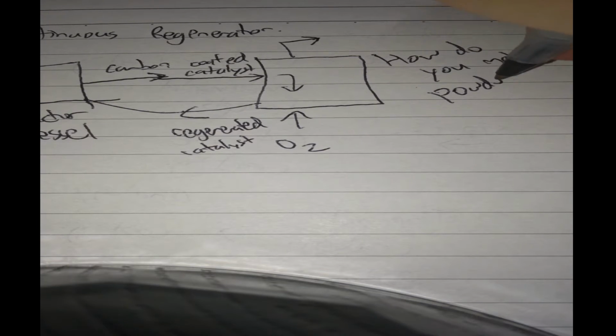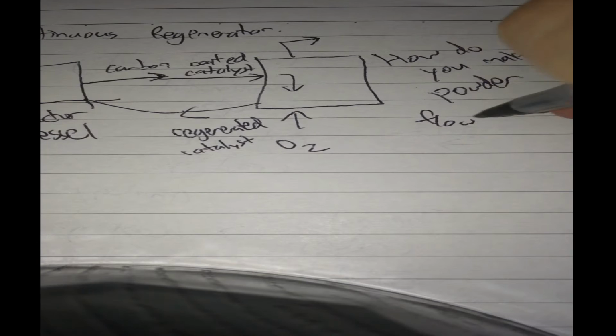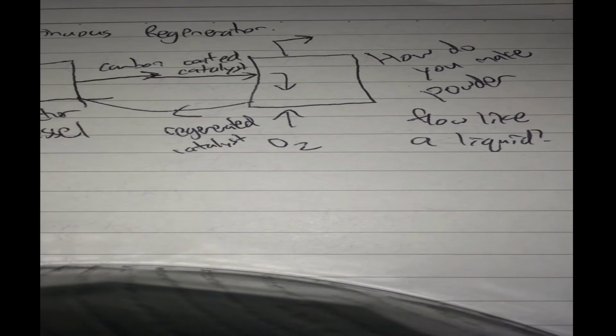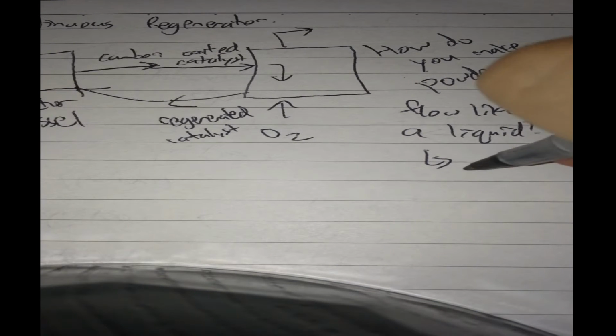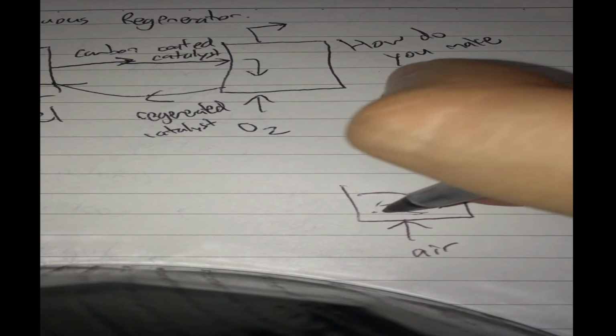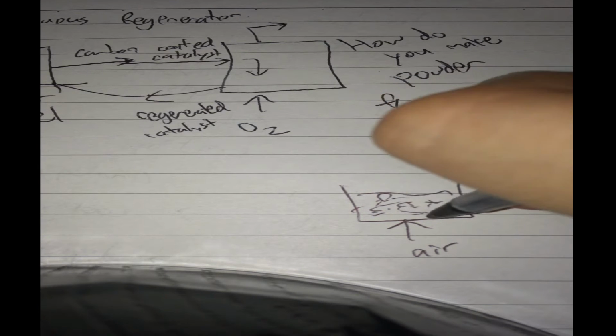And how do you make a powder flow like a liquid? This is a process known as fluidization, which basically says if I pump enough air or vapor into lots of sand or lots of powder, the thing will start to bubble and fluidize.